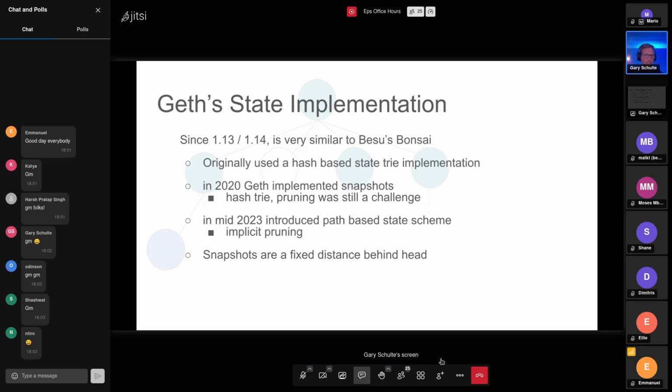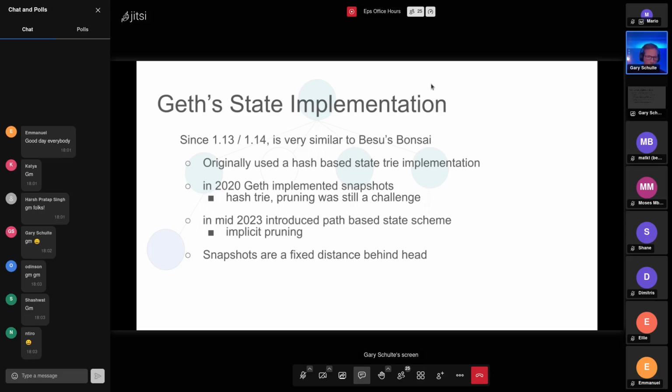I think it's probably best to characterize Geth's implementation and how it differs from Besu. Like I said, we're not experts, but my understanding is that Geth maintains a snapshot, a single tree that's a fixed distance behind head, whereas Besu typically has a more fluid relationship with what state is stored on disk, and we typically will commit the most recent finalized block as the state root that's on disk.